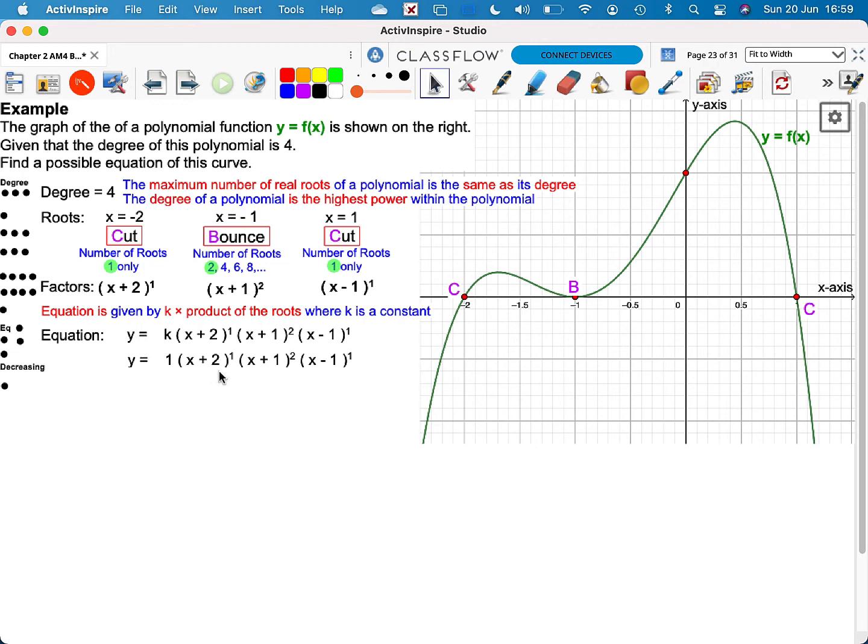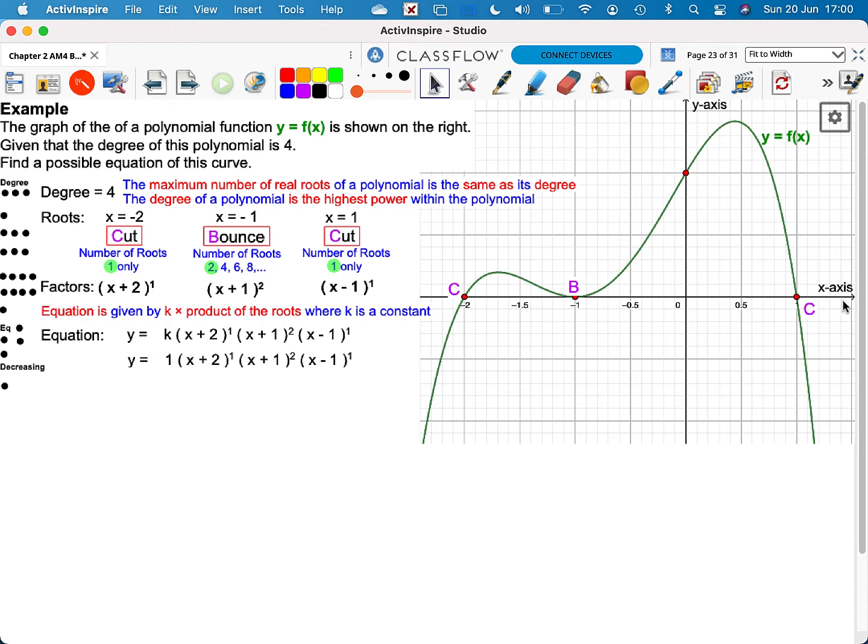Now all we need to do is decide what sign it's going to be. So we look at the graph and we can see from the graph that as it continues on forever, it is decreasing. It's becoming, at the end of the graph, a decreasing function. Decreasing function has a negative slope, and this has a negative slope at the end. So we now know that this sign here is going to be minus.